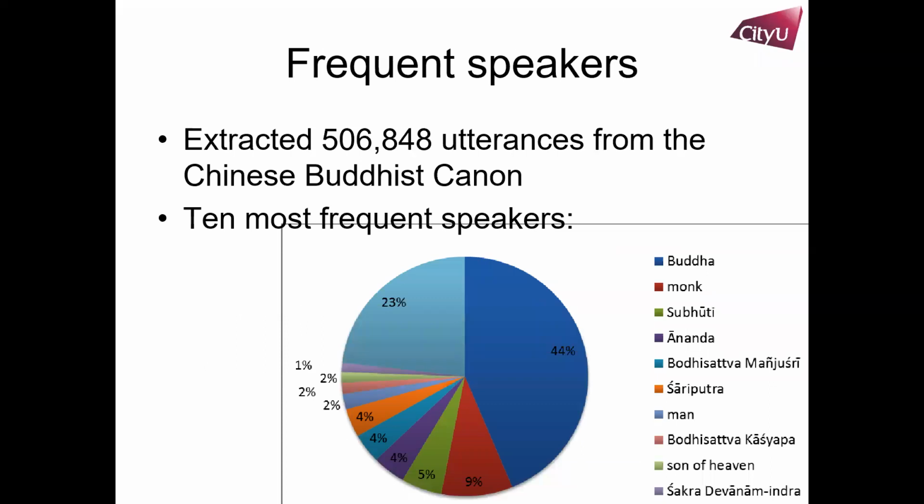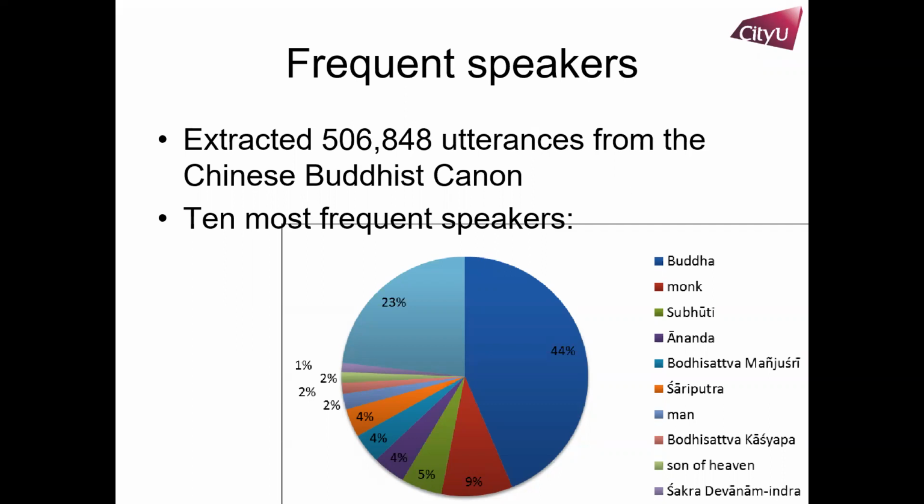Okay, so using this algorithm, we extracted 506,000 utterances from the Chinese Buddhist Canon, and each one with their speaker and listeners. Sometimes not both are known, so it can be missing for some of them. And here is a first look at the retrieved patterns. The 10 most frequent speakers. So this can be a quick way to look at who are the main characters in the text.